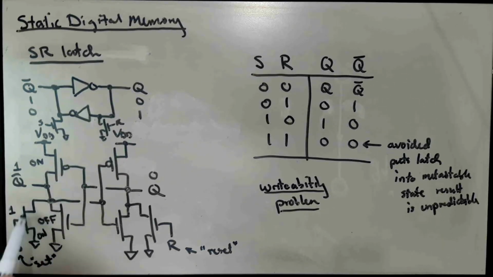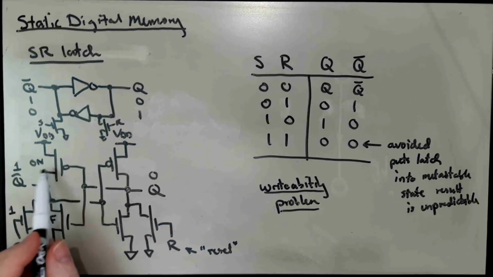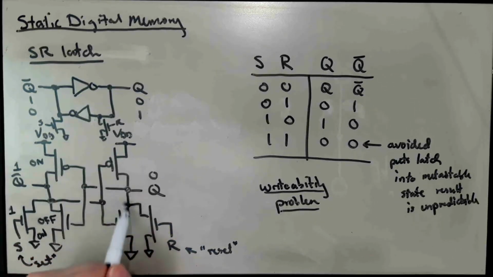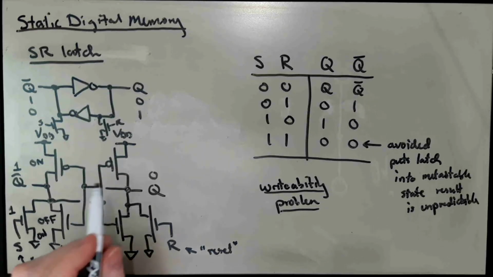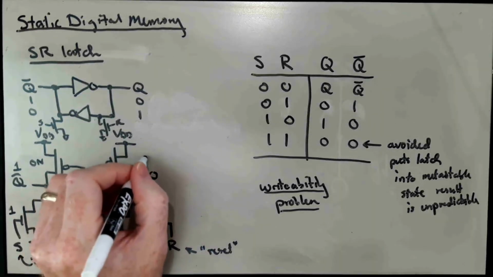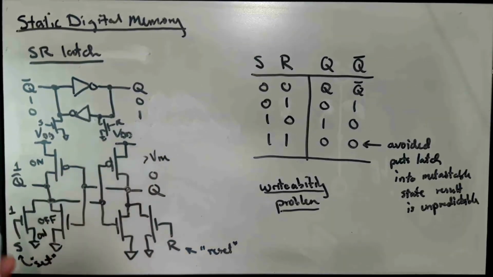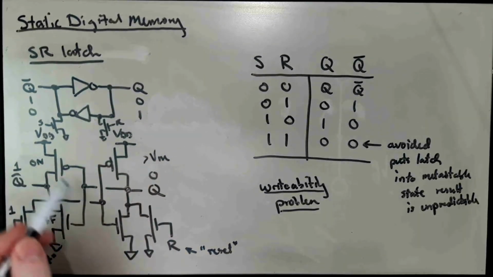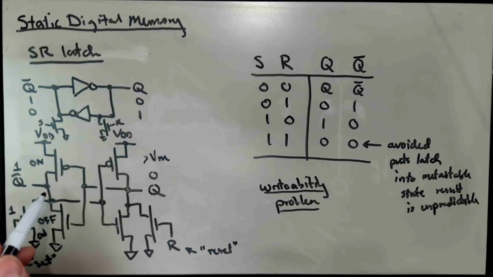And if this NMOS transistor is not strong enough to overcome this PMOS transistor and get this feed-forward inverter to get beyond or below its transition threshold so that this gets above V sub m, then we're not able to overwrite the state that's written in here.